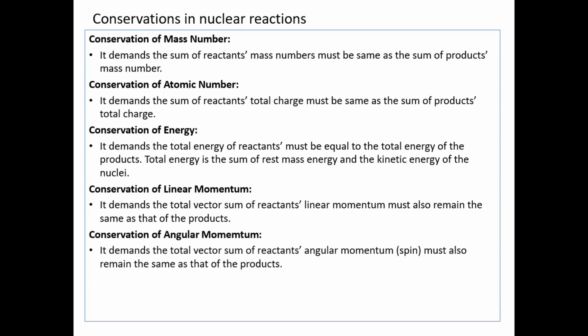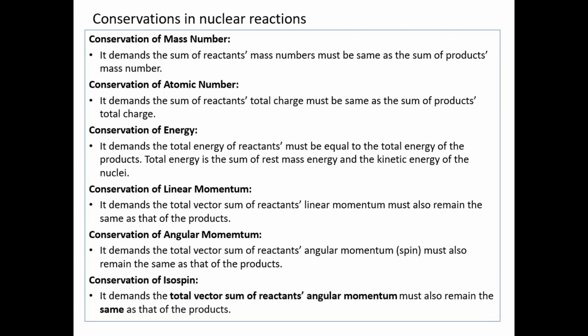The angular momentum conservation is also desired, that the total vector sum of the reactant's angular momentum, which includes the spin, must also remain the same as that of the product. Another important idea is the isospin, which demands that the total isospin of the reactants must also remain the same.